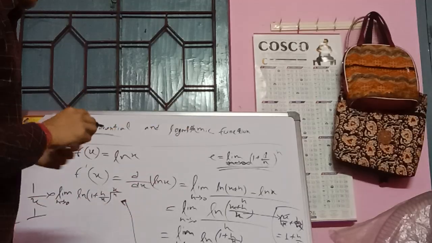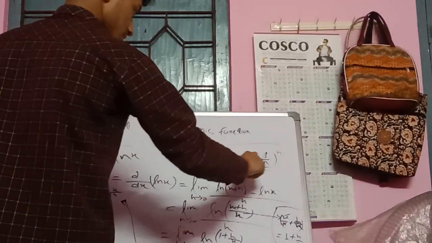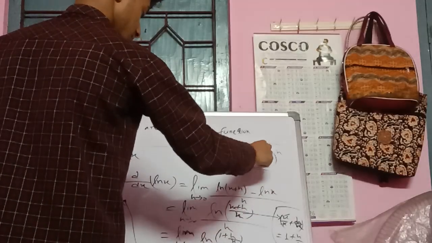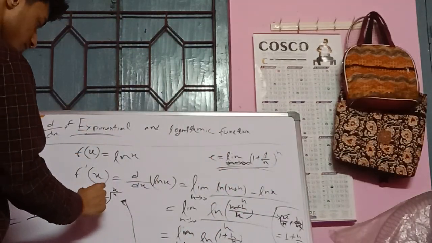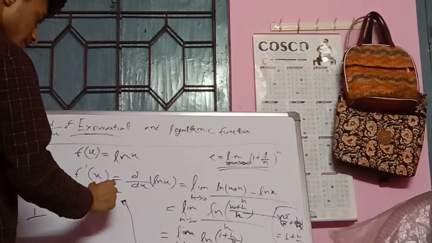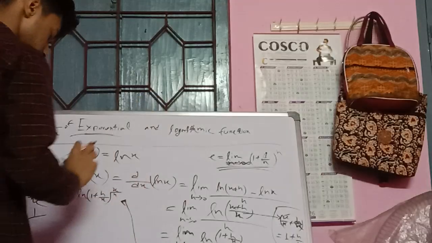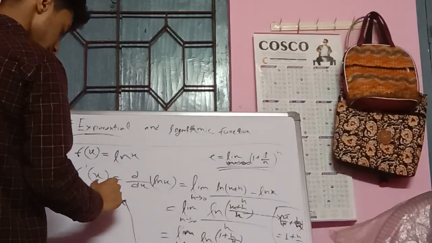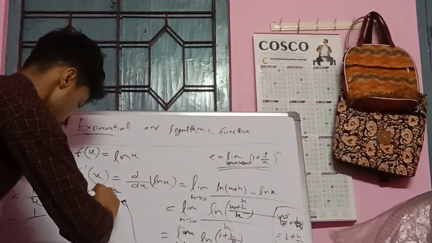Now you can say that as this n goes to infinity, this 1 over n thing goes to 0. Here as h goes to 0, this whole thing goes to 0. Here n goes to infinity, and here as h goes to 0, this x by h goes to infinity. So now these two things look the same.